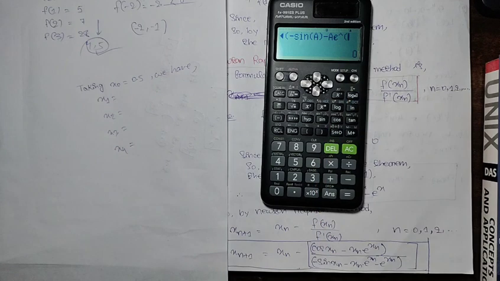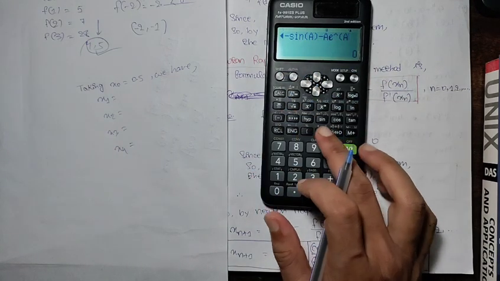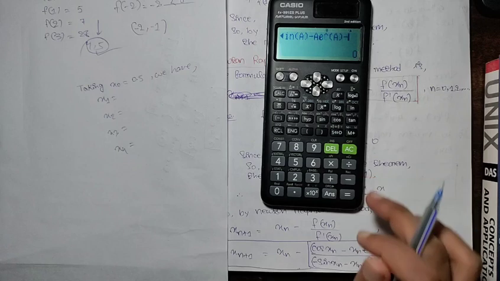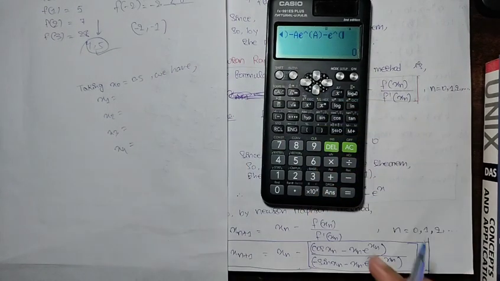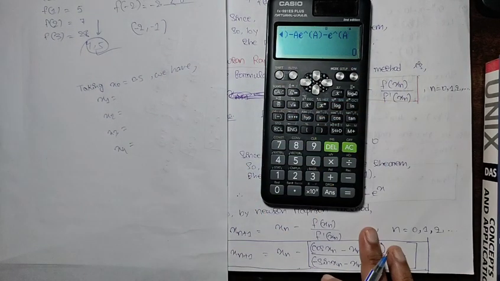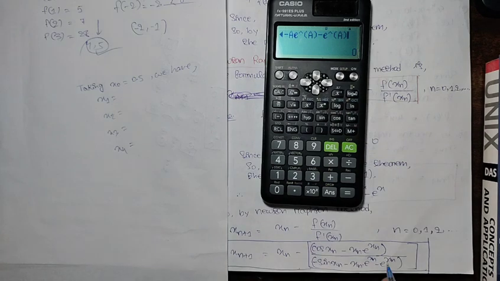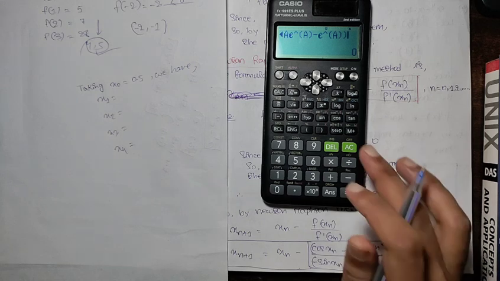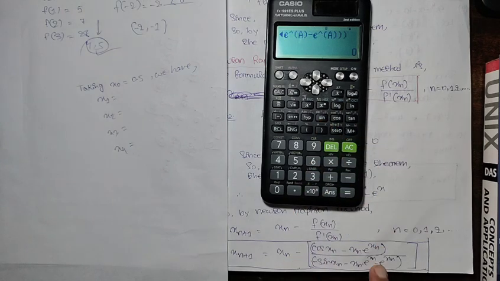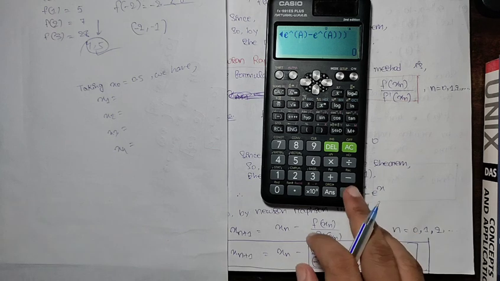Okay, so alpha a, e to the power alpha a, close the bracket, then minus, then Shift ln e to the power alpha a, then put a bracket here. Remember, the bracket here is ending the xn. For this parenthesis you should write another parenthesis, and to complete the square bracket you should write another bracket. You should be careful about the brackets, otherwise you get a syntax error. Okay, so now press equal.